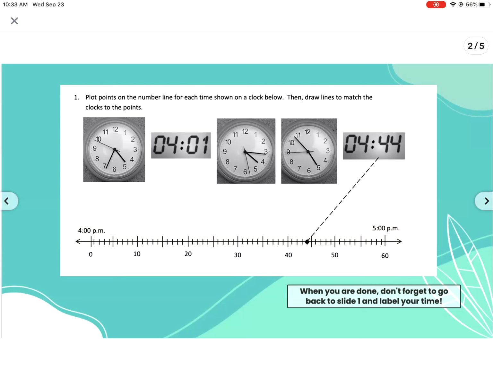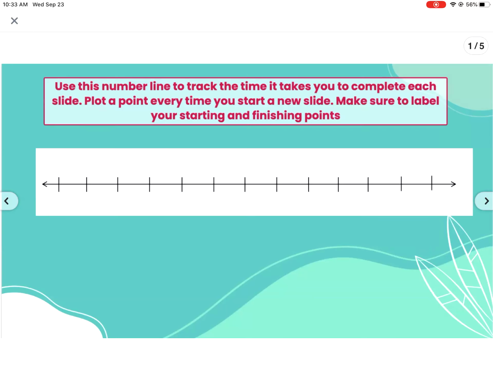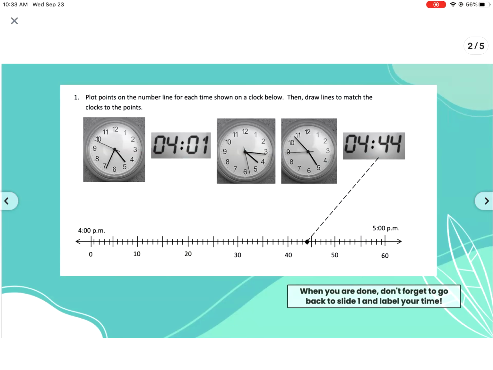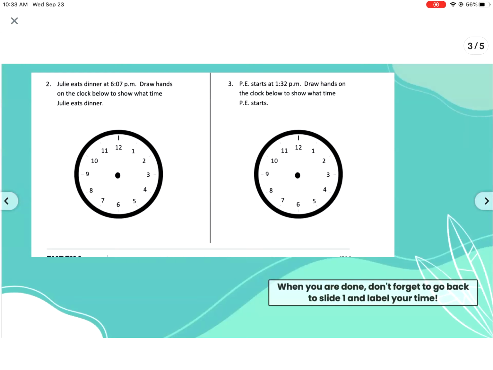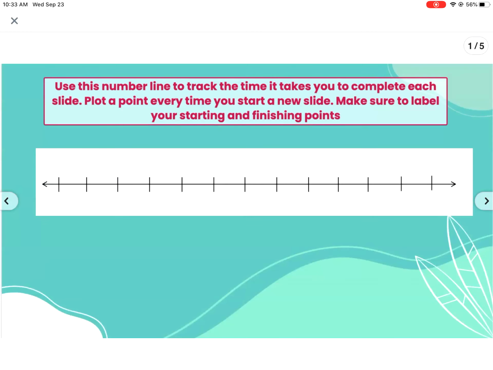Once you're done, don't forget to go back to slide 1 and label your points. And here is your second question, third question, fourth question, and that's it. So when you're labeling your time, you may use question number 1, question number 2, or you may just label slide number 2, slide number 3.